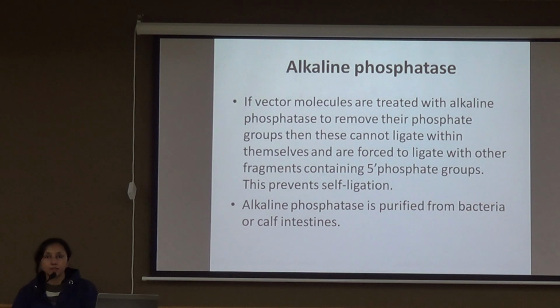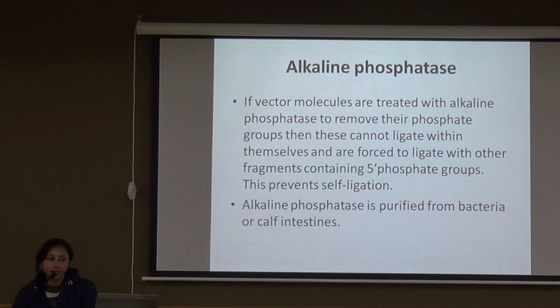Sometimes the vector, when it is cleaved with a restriction enzyme, might religate without taking the DNA insert. It might self-ligate, making the effort of cleaving the vector with a restriction enzyme futile. The effort of cleaving goes to waste since the DNA does not enter. So how do we prevent self-ligation or religation of the vector?